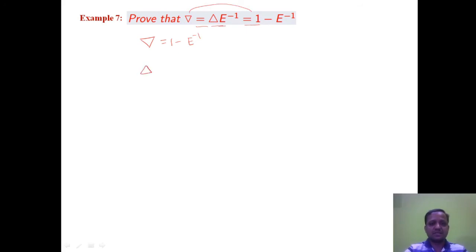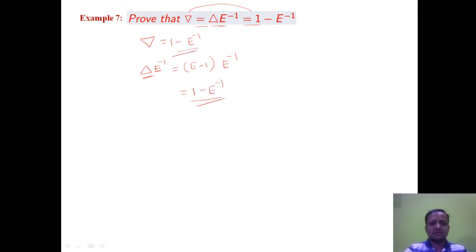We know this operator is the forward difference operator, delta E power minus 1. We know delta in terms of the shift operator is E minus 1. Another thing is E power minus 1. If you multiply by E power minus 1, it will become 1 minus E power minus 1.